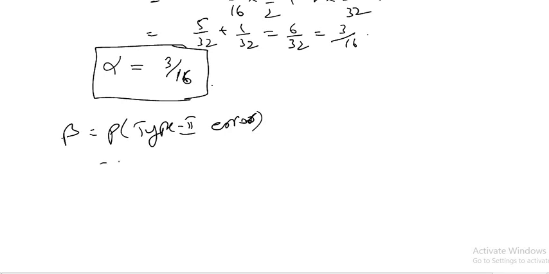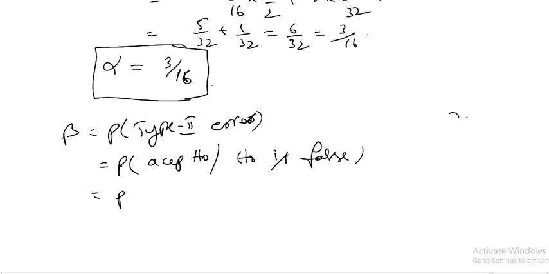Type 2 error means accept H0 when H0 is false. If the rejection region is X greater than 3, then acceptance becomes X less than or equal to 3. And if H0 is false, then H1 is true.